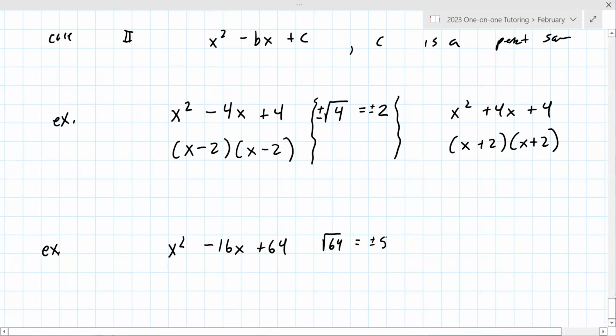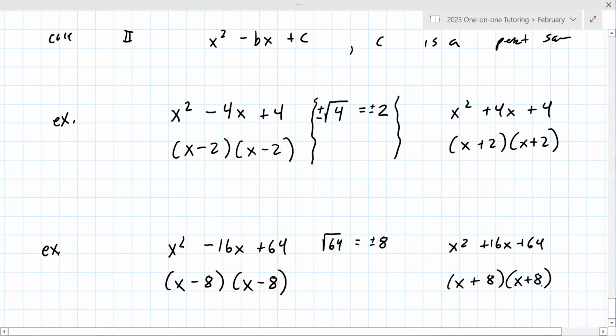It's the plus or minus 8. That would be -8. Right, so it's x minus 8, x minus 8, like this. And then, similarly, x squared plus 16x plus 64 becomes x plus 8, x plus 8, like that.